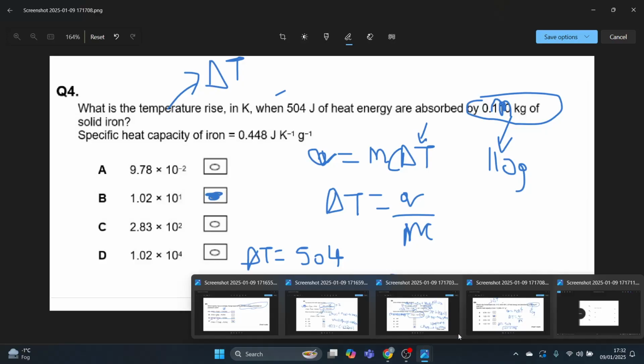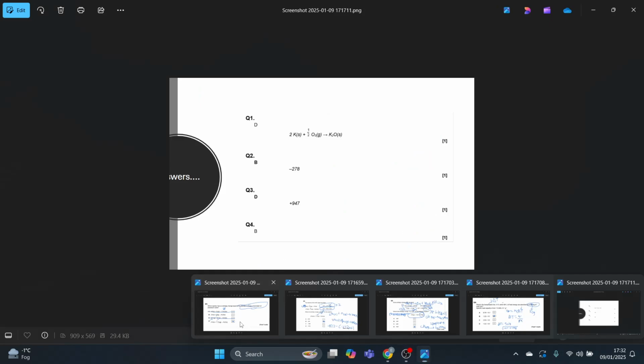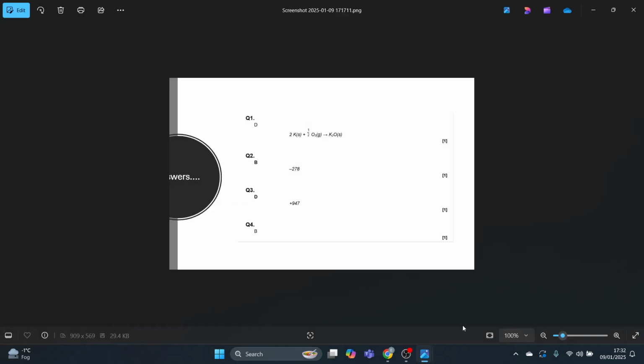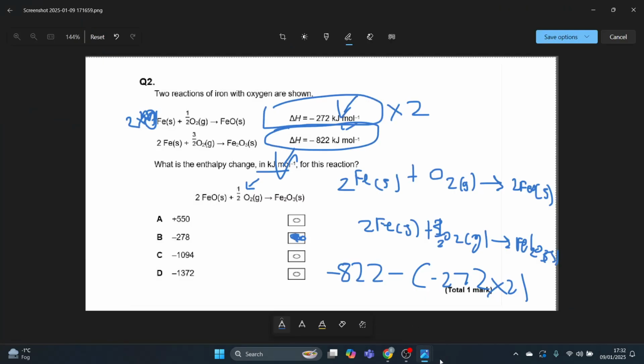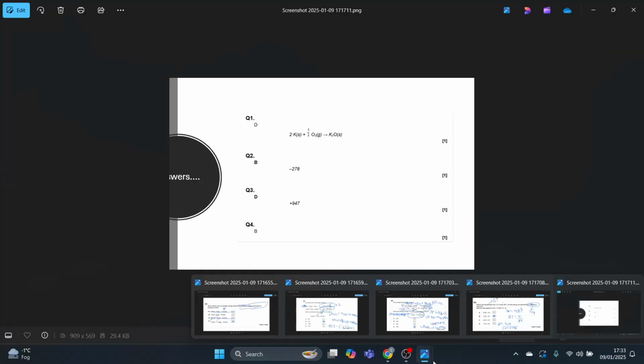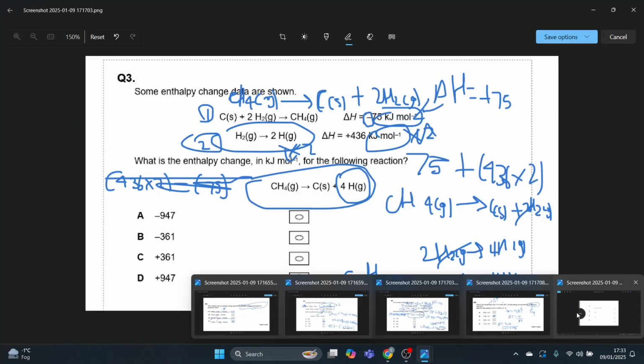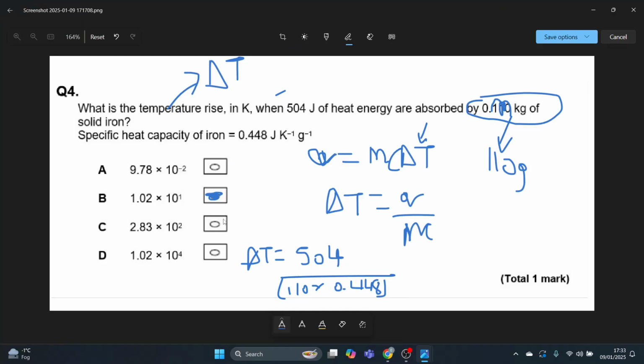Now let's mark it. Question 1 D, question 2 B, question 3 D, question 4 B. Yeah, it did look like I was going to have to use a lot of formulas, but in reality, use this formula, rearrange it, substitute the values in, and you got your answer.